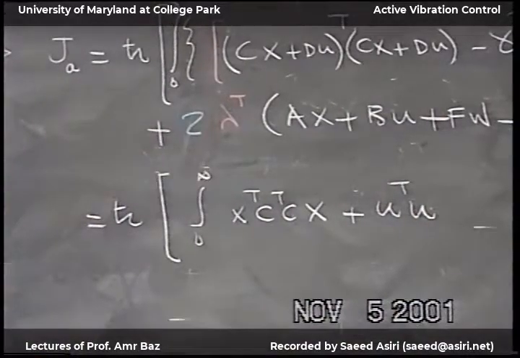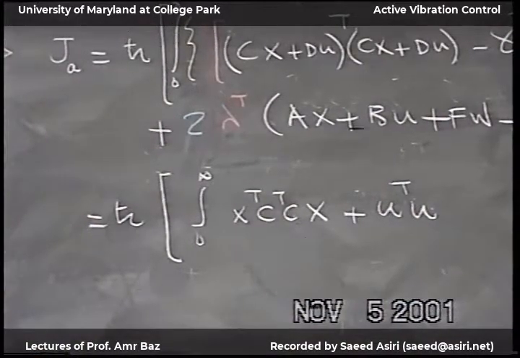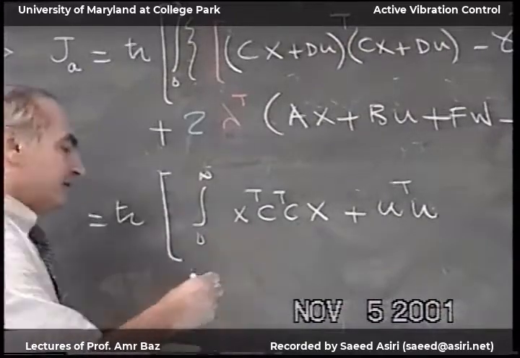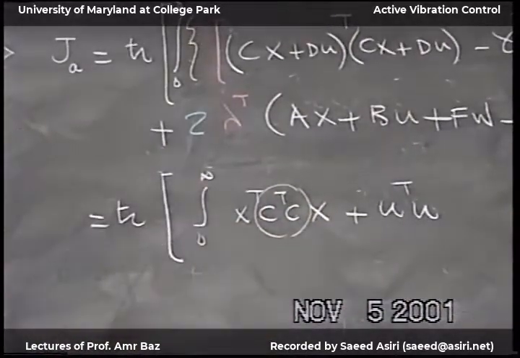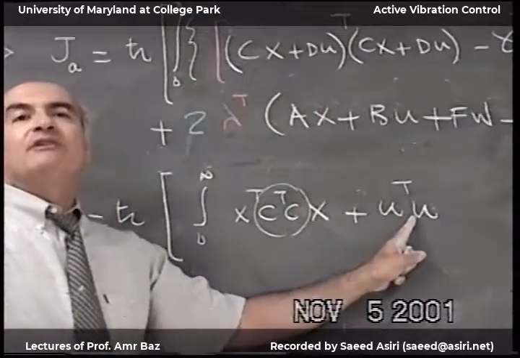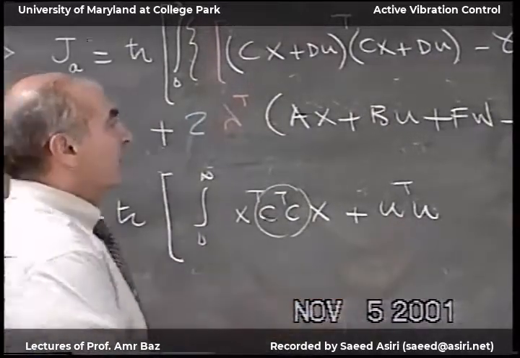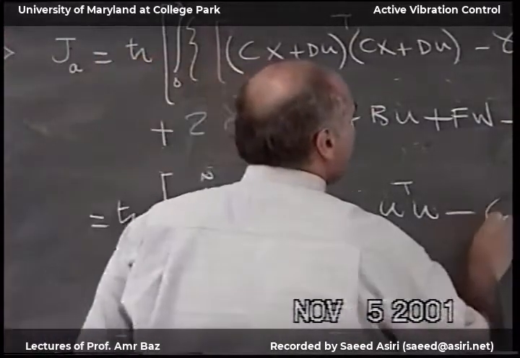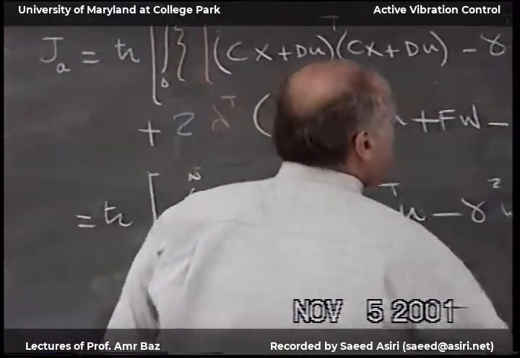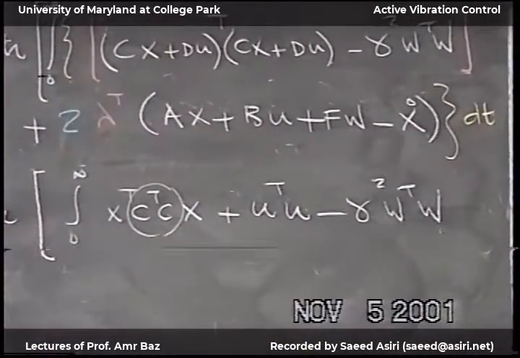This is what we've been doing in the LQR. This looks like my Q matrix. R, in this case, is unity. Okay? Now, then I have here minus gamma squared, and then the remaining part.